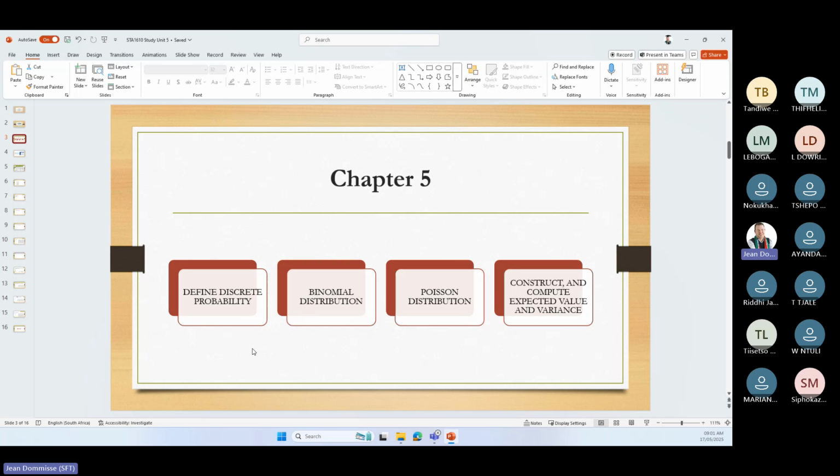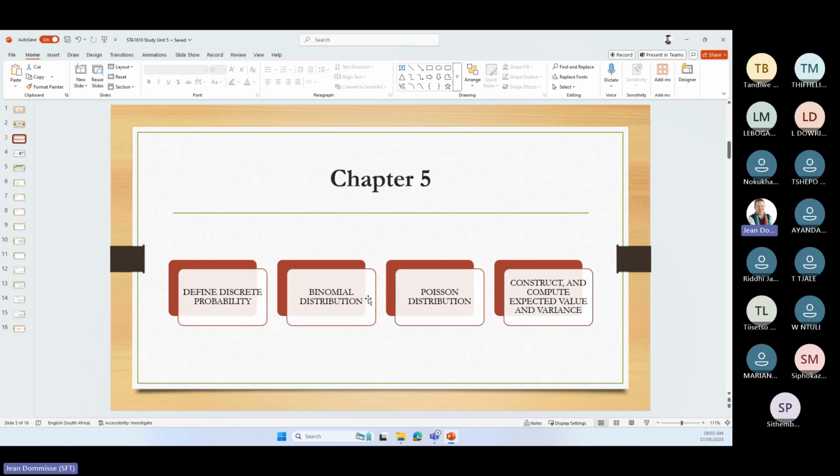But if you look now at this study unit, more likely that you will get a question on discrete, on binomial, and on Poisson. So you can nearly already know that in the exam you will get a question on each one of these.